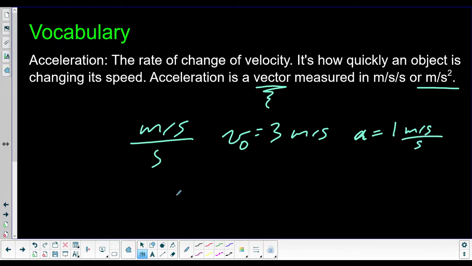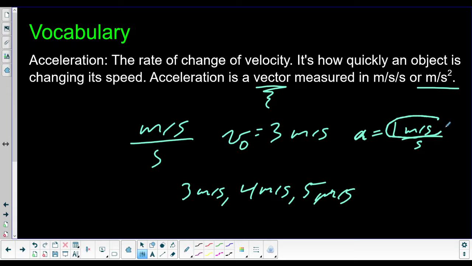So what this means is at time 0, we're at 3 meters per second. 1 second passes, we're at 4 meters per second. 1 more second passes, we're at 5 meters per second, right? So we gain 1 meter per second each second.